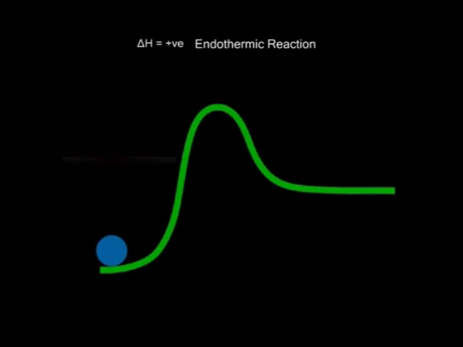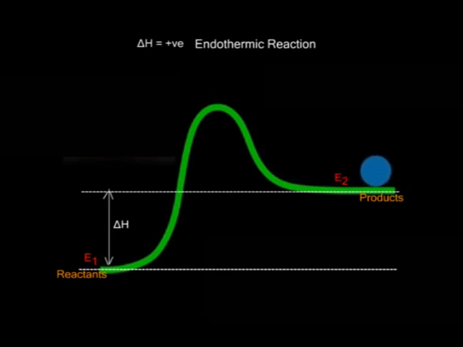Now if I consider an endothermic process that requires energy, I'm going to put in more energy and I'm going to get some of that back, and everything else is the activation energy.